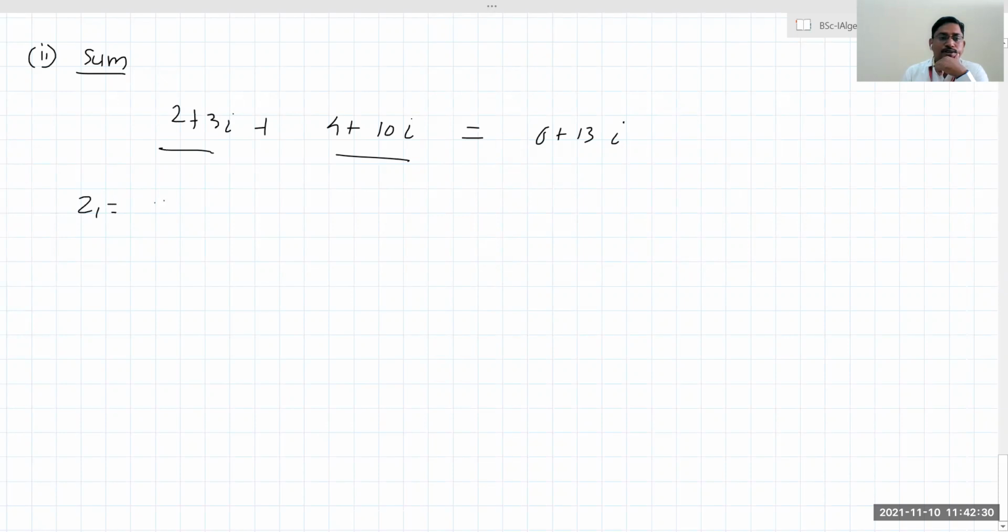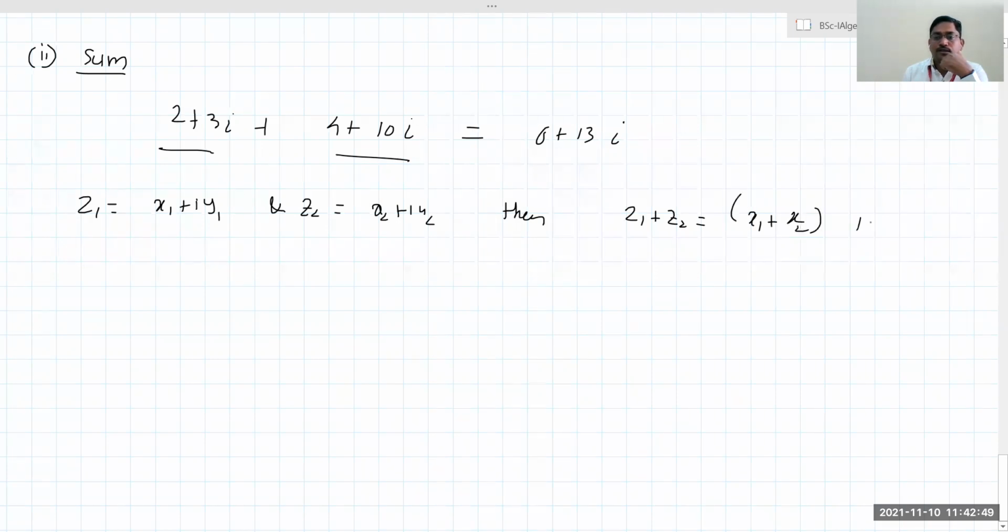If Z1 is X1 plus iY1 and Z2 is X2 plus iY2, then the addition of these two complex numbers is Z1 plus Z2. You have to add real part with real part, X1 plus X2. This is the real part, and Y1 plus Y2 times i. So this is the sum of two complex numbers. Likewise, the difference also I can define.